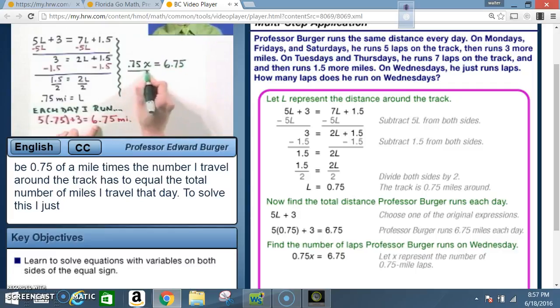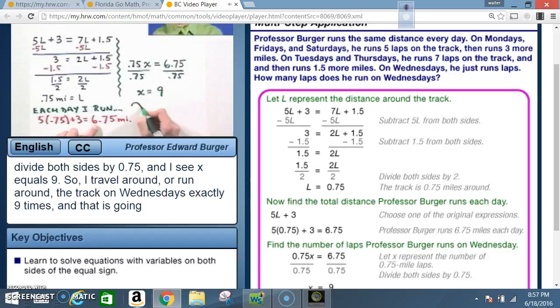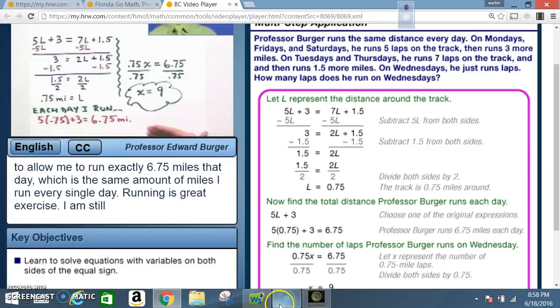And so now to solve this, I just divide both sides by 0.75. And I see in this case, X equals 9. So I run around the track on Wednesdays exactly 9 times, and that's going to allow me to run exactly 6.75 miles that day, which is the same amount of miles I run every single day.